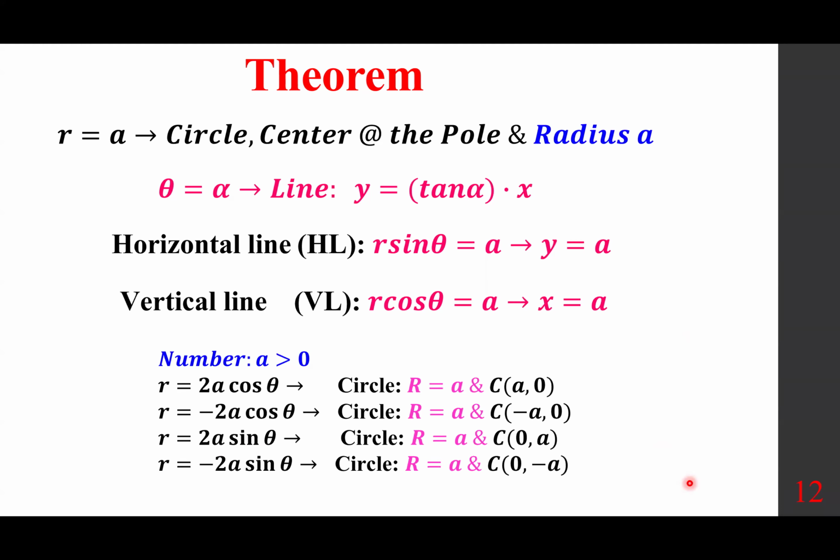And the radius is half of this number, even if it's negative, it's the absolute value. So that's a lot of information we just came up with by looking at a few simple examples. Okay, but like I said, you can justify in each case what you have.